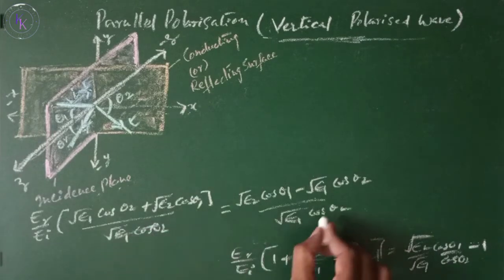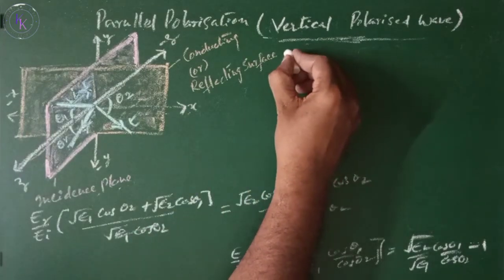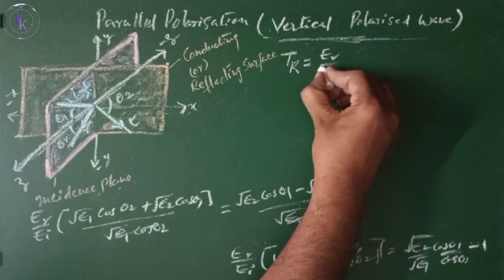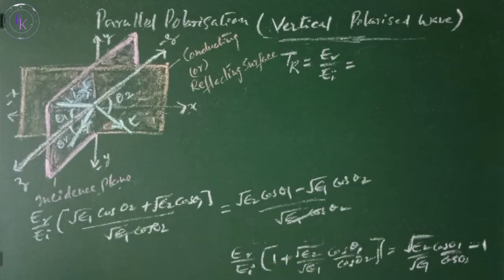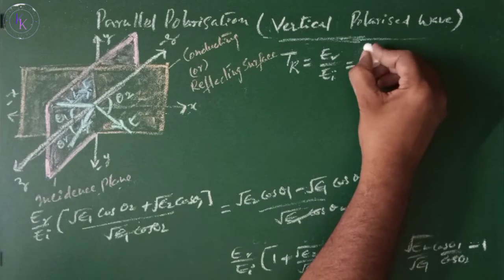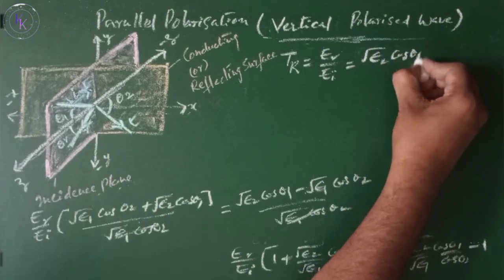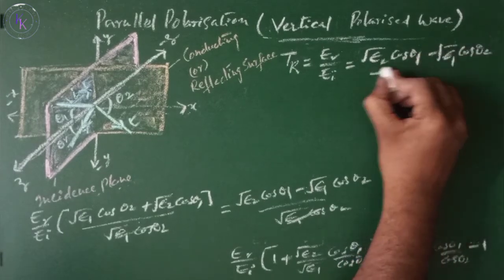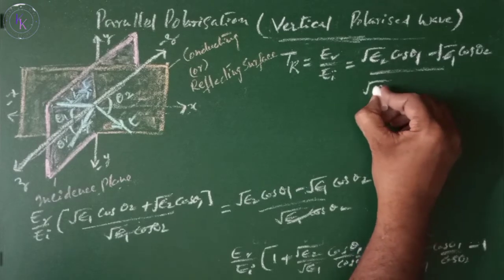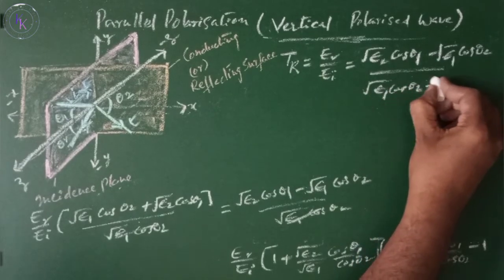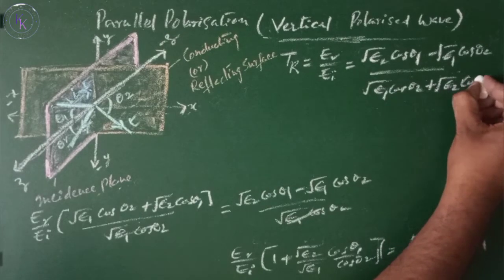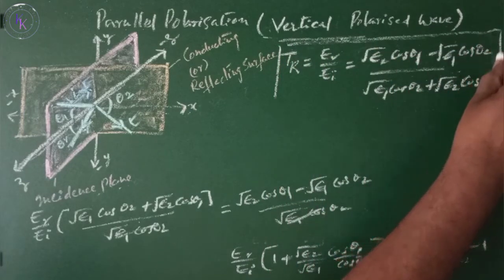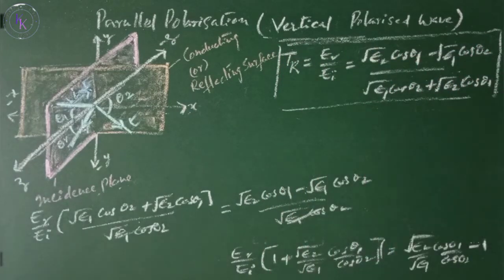Now cos theta 2 gets cancelled. Then you are going to get the reflection coefficient TR equals Er by Ei, that equals this term divided by this term, that is nothing but square root of epsilon 2 cos theta 1 minus square root of epsilon 1 cos theta 2 divided by square root of epsilon 1 cos theta 2 plus square root of epsilon 2 cos theta 1. So this is our reflection coefficient in case of parallel polarization.